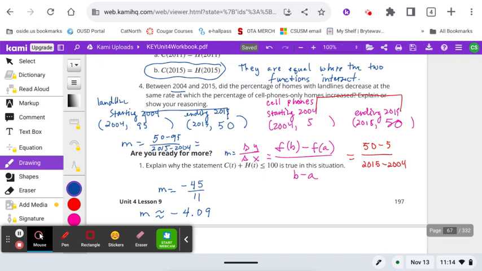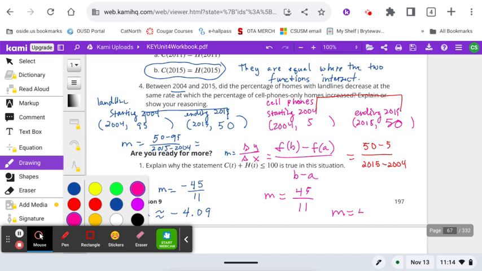And then over here, we're going to get a positive number, 45, because they're increasing, over 11. And we get a positive 4.09.